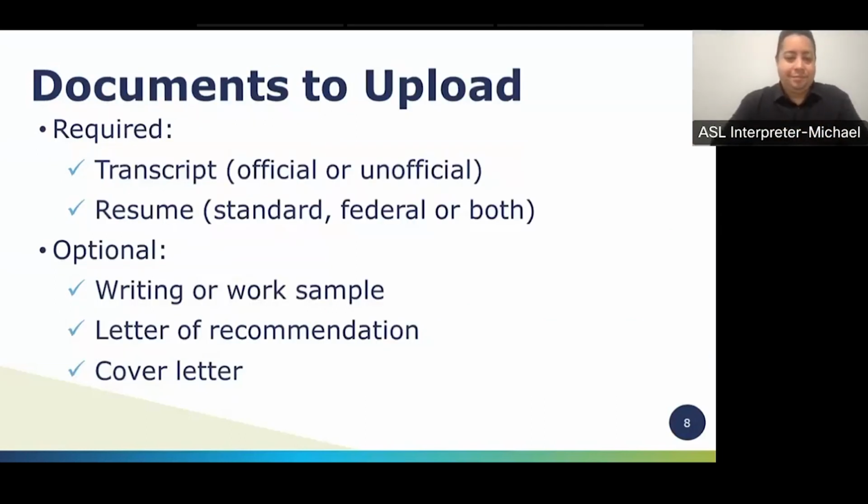The WRP application also requires you to submit a couple of documents. These are an official or unofficial transcript and a resume. There are two sorts of resumes that we accept, either a standard or federal resume. A standard resume is 1 to 2 pages of relevant experience, while a federal resume covers the past 5 to 10 years of work experience and is more detailed.